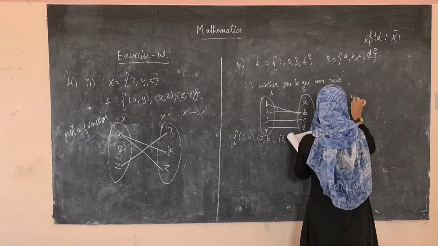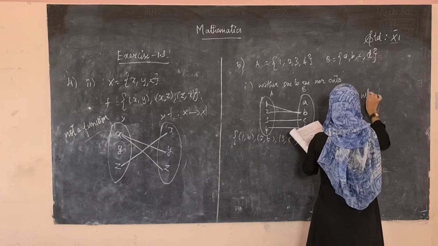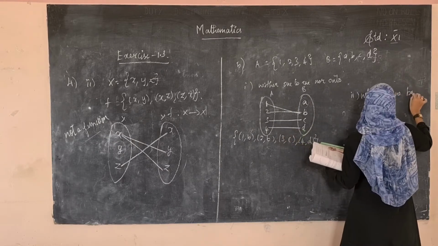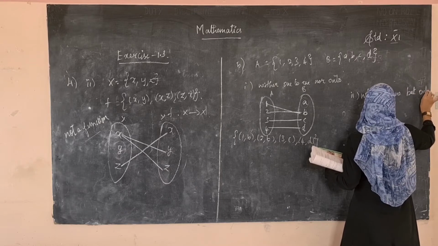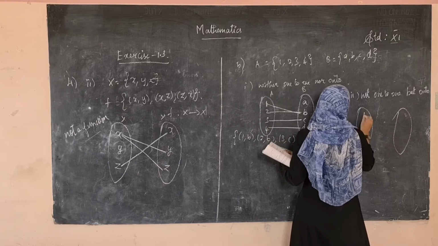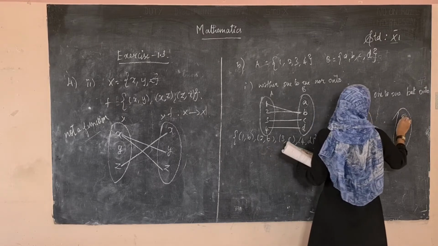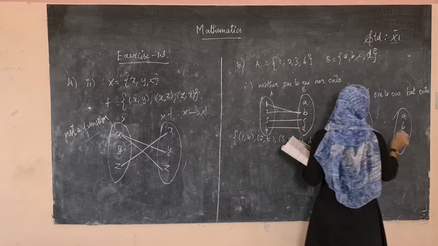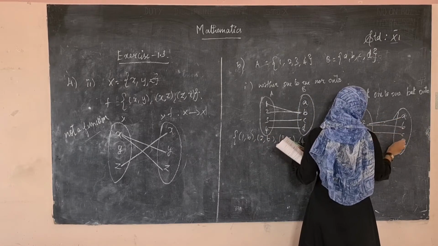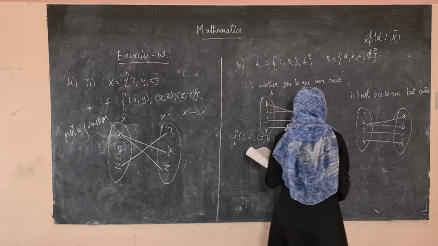Now, the second subdivision. Not one-to-one but onto. That is 1, 2, 3, 4 and a, b, c, d. Is this possible? Not one-to-one means this should be mapped with any one.